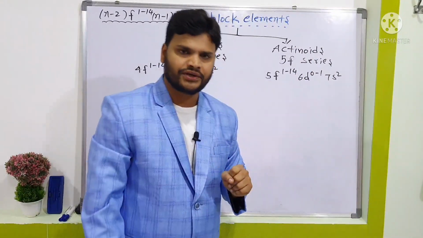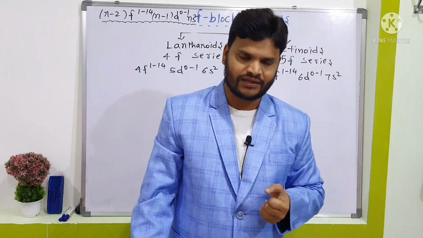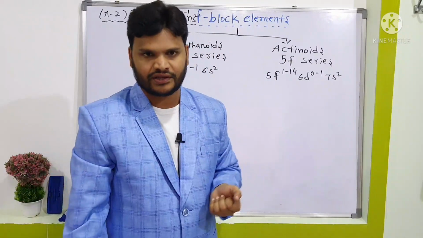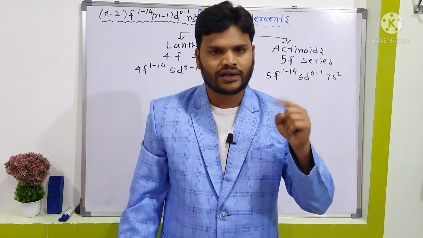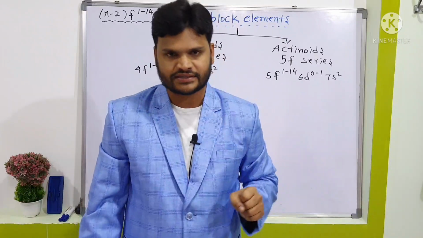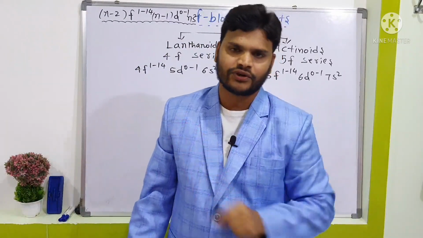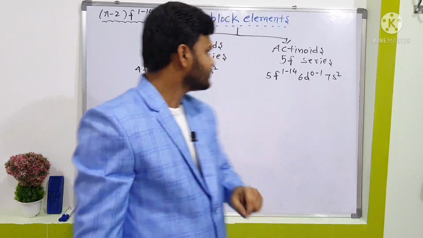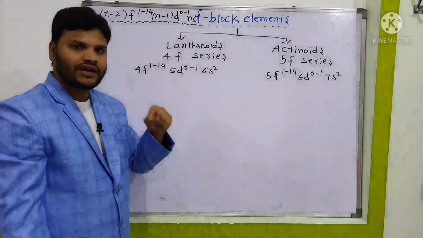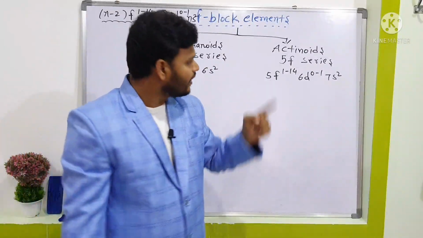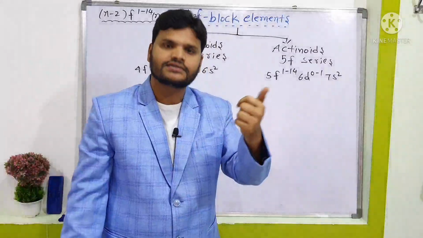Next important point: how many elements do lanthanoids and actinoids contain? Already I told you, the total F block contains 28 elements. Out of 28, lanthanoids are 14 and actinoids are 14. One important point: after lanthanum, lanthanoids started. After actinium, actinoids started.